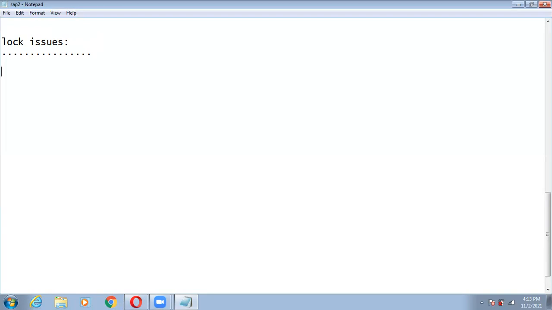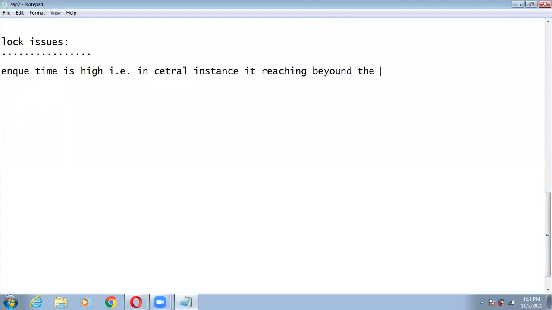Generally, a major lock issue we face is that NQ time is high in the central instance, reaching beyond the threshold value.